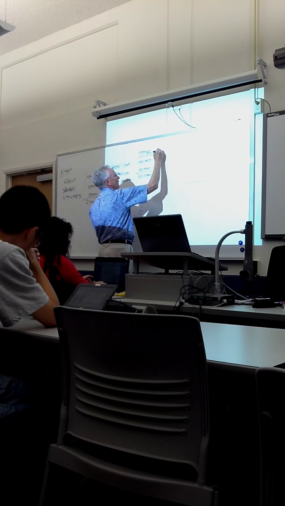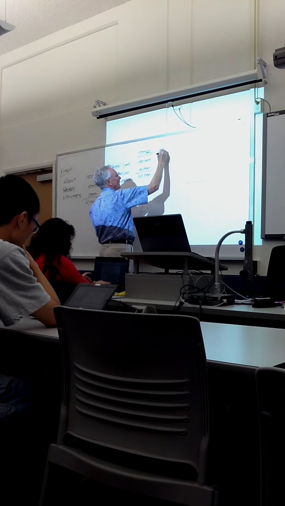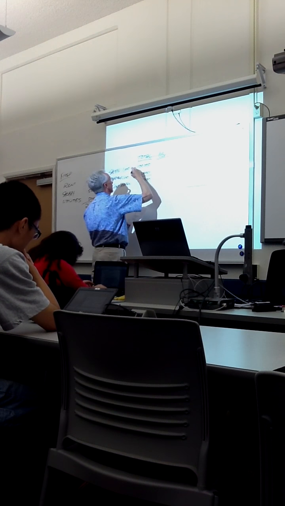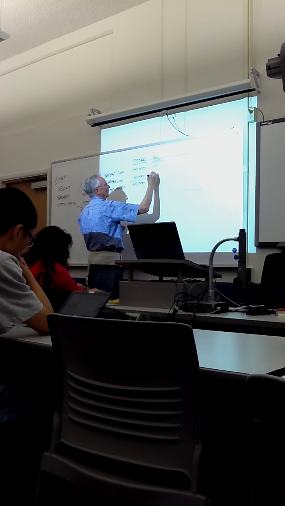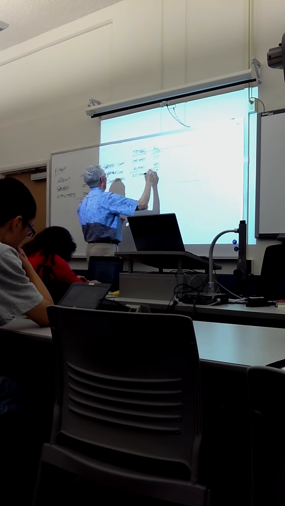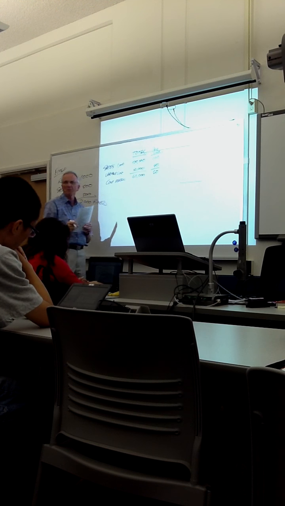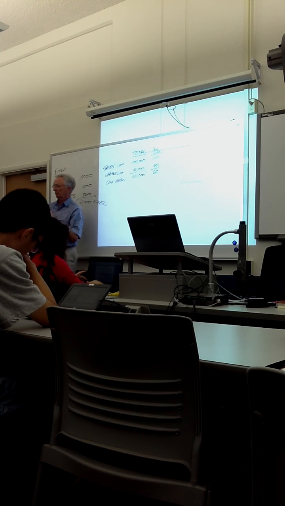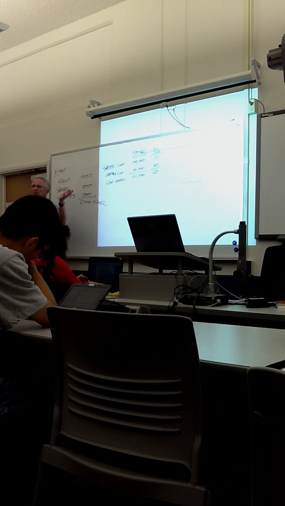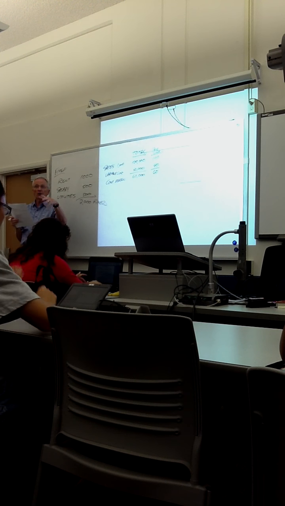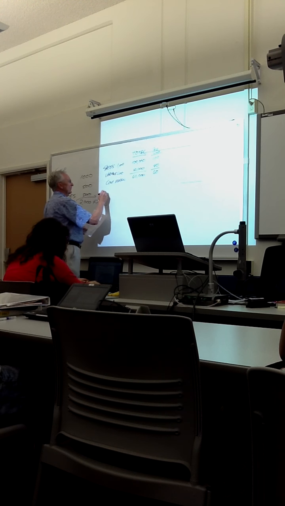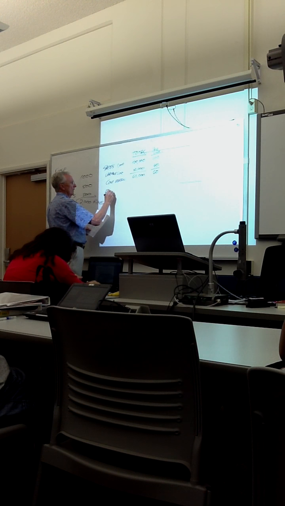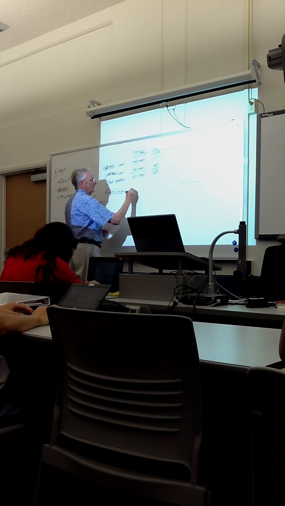Then per unit, we sold 1,000, so the price is going to be 100. Our cost is 40, so our contribution margin is going to be 60, right, per unit. Sell for 100, cost is 40, our contribution margin is going to be 60. We've got fixed costs of 50,000.